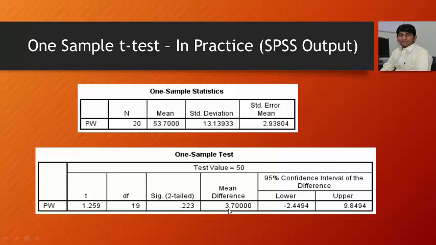For that purpose, I will check the significance two-tailed value, which is 0.223, greater than 0.05. Therefore I can say that there is not a significant difference between the average weight of sample units in contrast to the average weight of the population of 500 units.